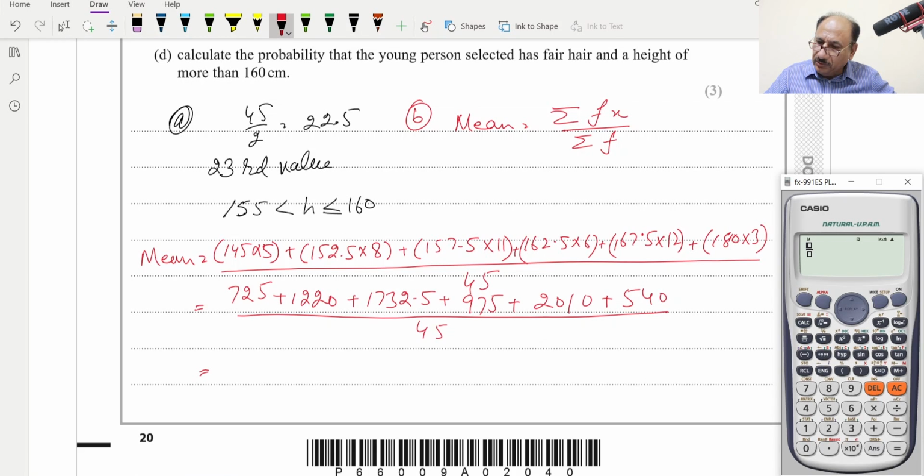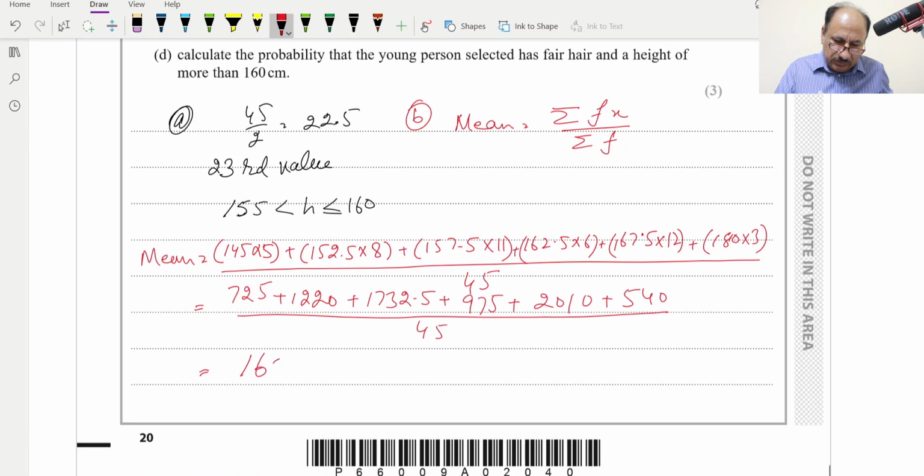Okay, so this will be 725 plus 1220 plus 1732.5 plus 975 plus 2010 plus 540, over 45, and this is equal to 160.06.